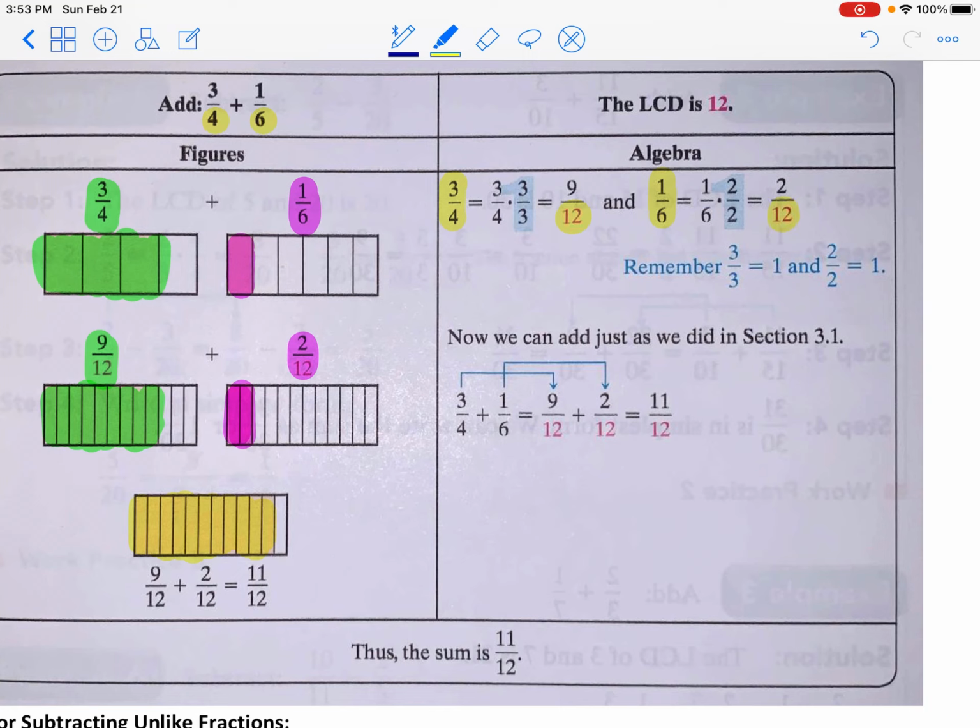So since we multiplied 4 times 3, we do 3 times 3 as well to make the 9 here. And since we multiplied 6 times 2 to get 12 here, it's going to be 1 times 2 to get 2 here. And then once we have our like fractions, this is just like what we were doing a few minutes ago, we can keep that common denominator and add those numerators.